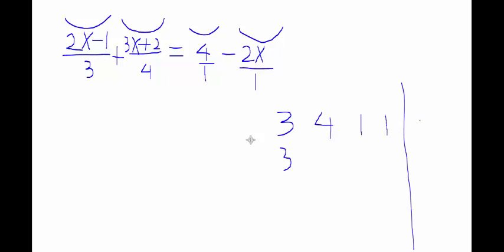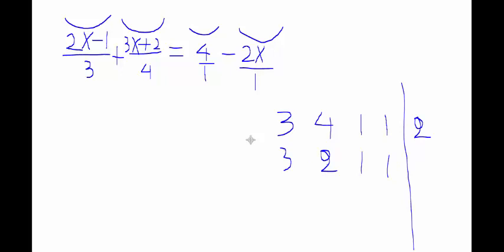4 is divided by 2. We put 2 here. 4 divided by 2 is 2. 1 divided by 2, of course, does not divide. We leave it as 1.